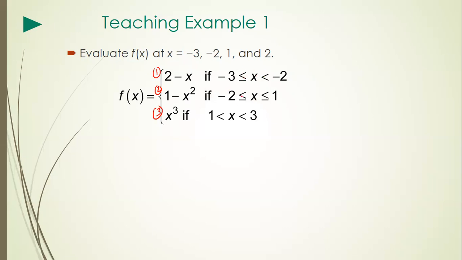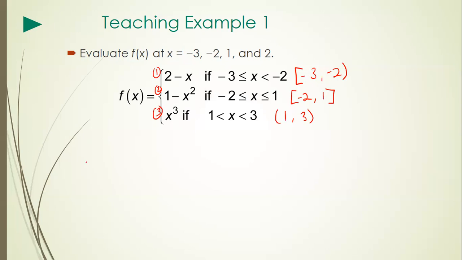If a number is between -2 and 1, and including -2 and 1, we use the second piece. If the number is between 1 and 3, then we use the third piece to evaluate. In terms of interval notation, we're going from -3 to -2, not including -3, from -2 to 1, and from 1 to 3. Just like when you're doing your average rate of change, this is your starting and your stopping. Does that make sense? Your interval represents where you start and where you stop.